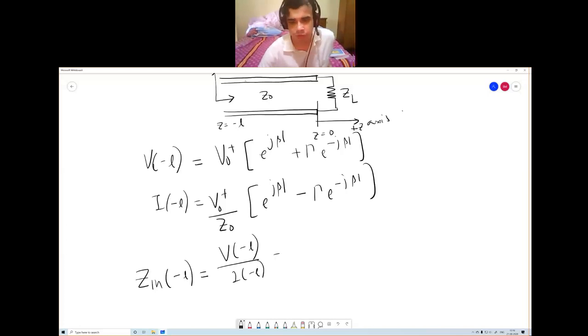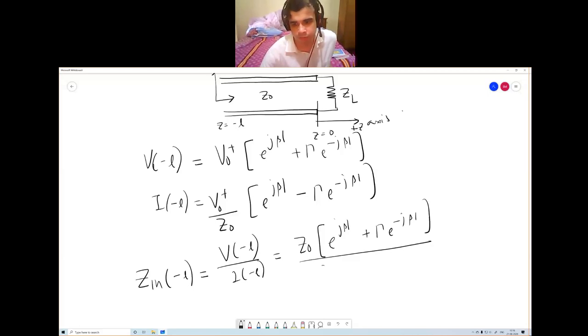That is, the V0 plus gets cancelled: Z0 times e to the power of j beta L plus gamma e to the power of minus j beta L, over e to the power of j beta L minus gamma e to the power of minus j beta L. Is this step fine? See the V0 plus term gets cancelled from both V and I. Is this step okay?